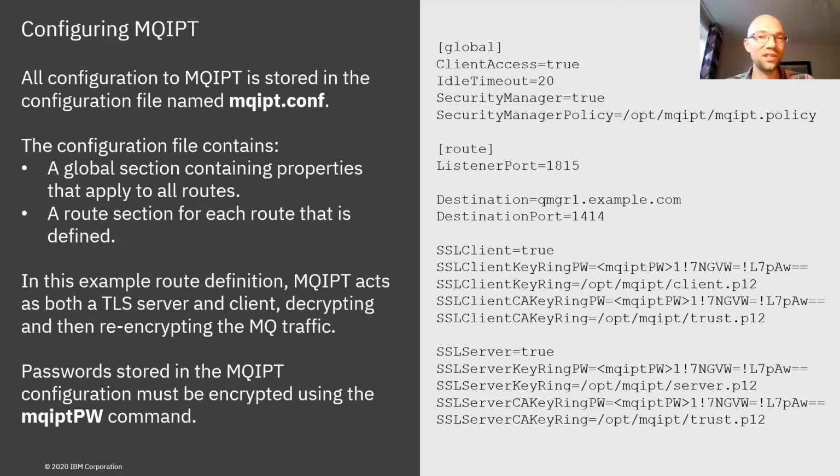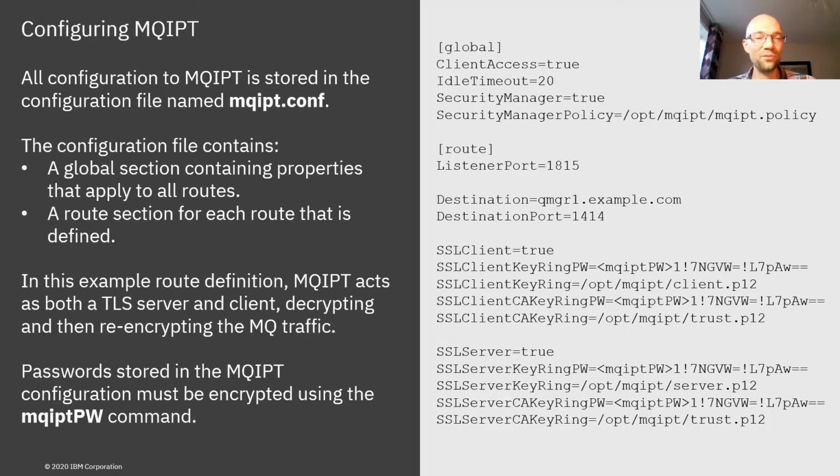The connection that needs to go to a different queue manager needs to connect to a different port and then be processed out of a different route on MQIPT. And this is an example of a slightly more complicated route definition here than the one that we had earlier, which was very, very simple. This one has information about TLS in it as well.